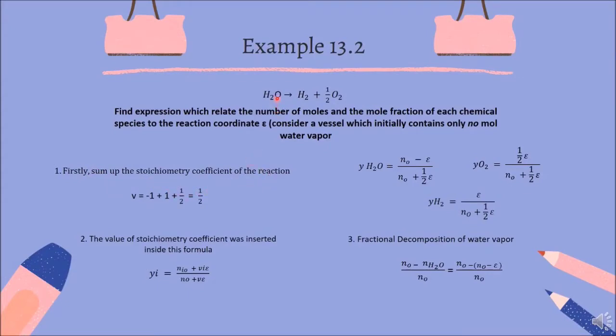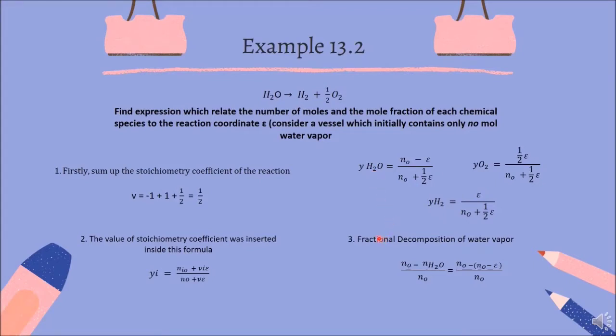For the reactant it is -1 and for the products it is 1 plus 1/2. So the answer is equal to 1/2. And we insert the calculated coefficient into this formula and we get the answer like this.